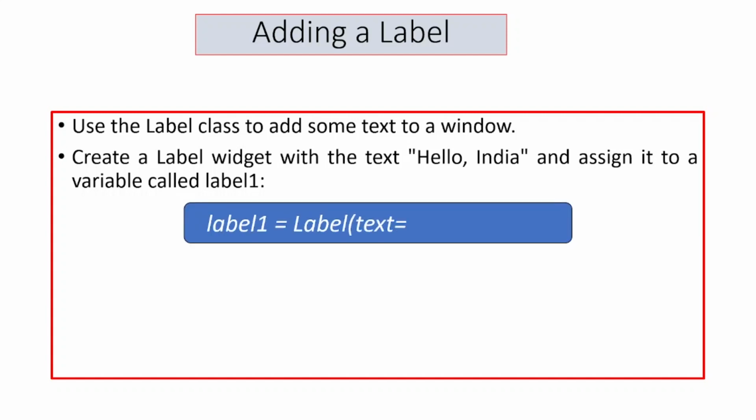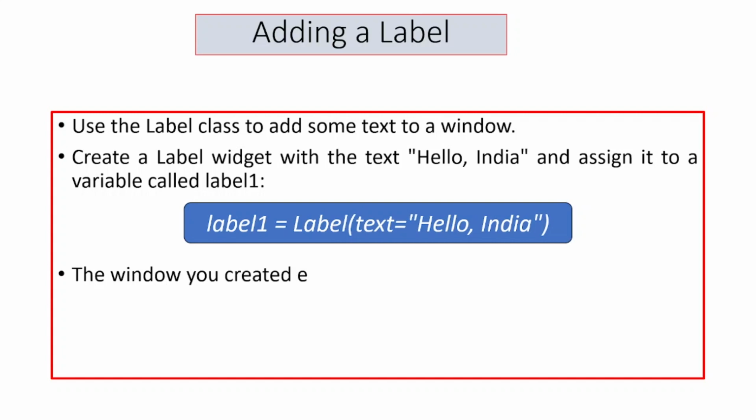So how to do this? Very simple. label1 is equal to Label. Label is nothing but the class. Then text is equal to hello India. Text is the option which is used along with the label, and the value for that text is hello India. So when we add this label to our window, we will be able to see the label with text as hello India.